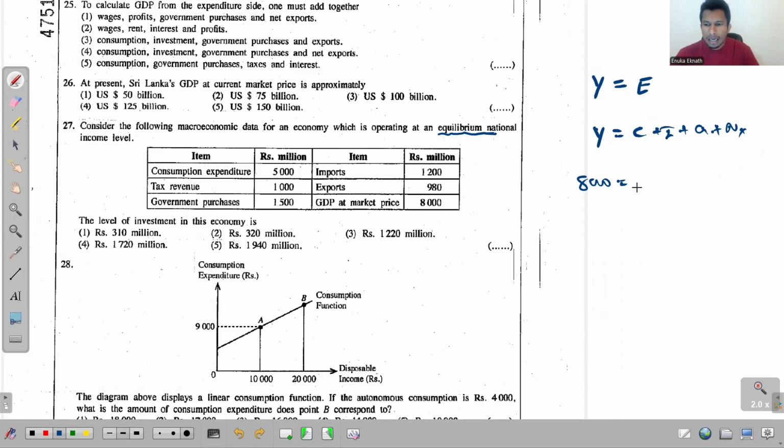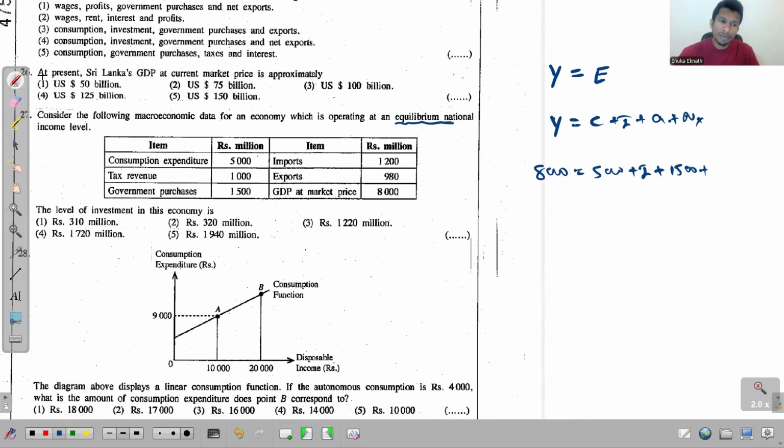So C is 5,000, and then investment is what we need to find. G, government purchases 1,500, and to find the net exports, we just apply the equation exports minus imports. So that will be 980, that's exports, minus imports, that will be 1,200.